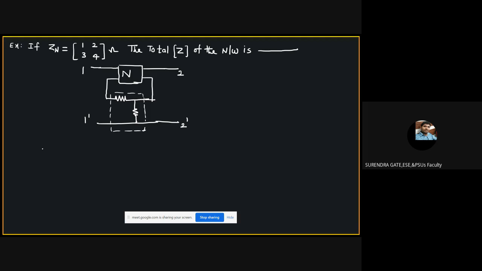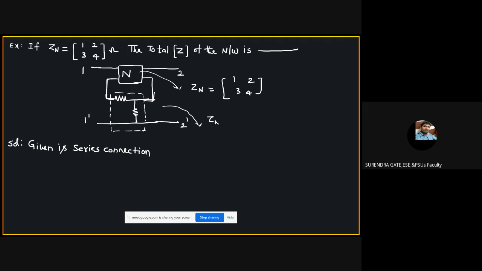Now this is the input port, and the input port is a series connection. The output port is also a series connection. In series connection, which parameters can we add directly? Z parameters. For this network, the Z parameters are given as 1, 2, 3, 4. Then what are the Z parameters of this network? Let this be ZNB.